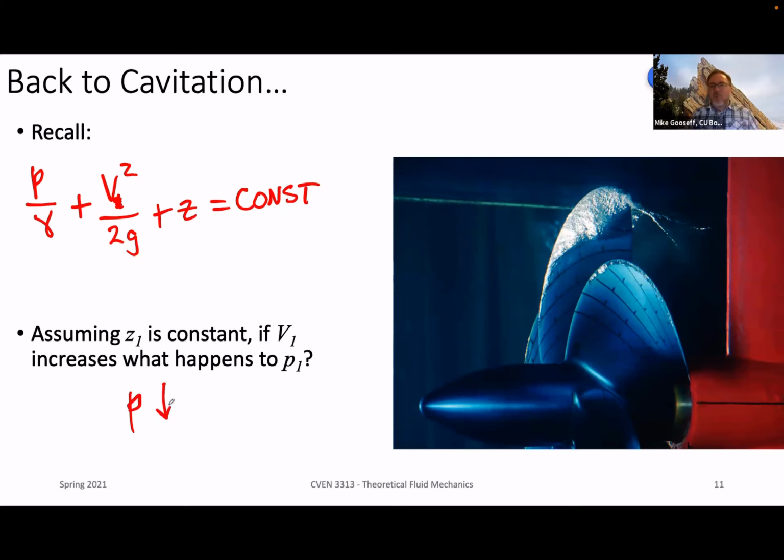Now, in general, that's not a big deal. However, if you have such a big change in velocity that your pressure drops potentially to its vapor pressure, then you've got the potential for cavitation. Sorry, we don't really call that pressure cavitation, but it's vapor pressure that we have to worry about.